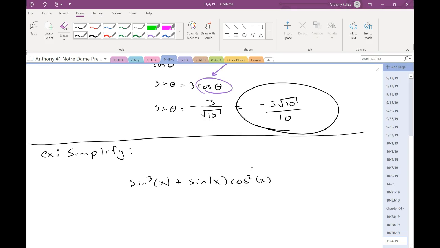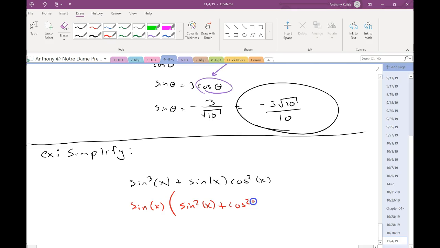Good, I could factor out a sine x, right? There's a greatest common factor of sine between the two terms. So I can do that, right? Okay. Do you see anything to do now?